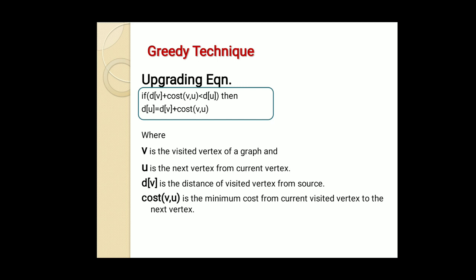The cost of uv would be the time taken, or the amount required. We'll get a clear idea once we start with our example.